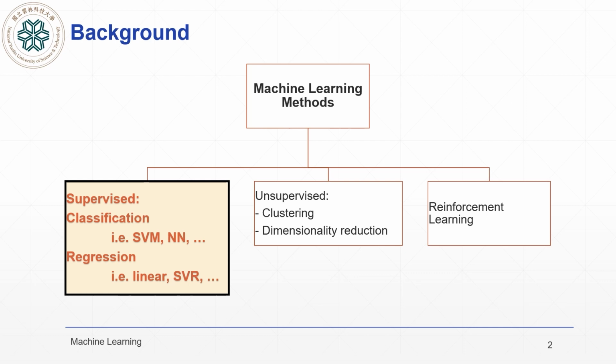First, supervised learning, which we will be discussing in this lecture, and we'll talk about classification and regression methods and the difference between them. Classification algorithms such as KNN and SVM, we will talk about in the next session. Also, we will talk about some regression methods such as linear regression and support vector machine for regression.